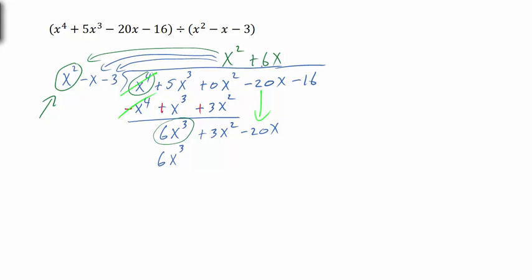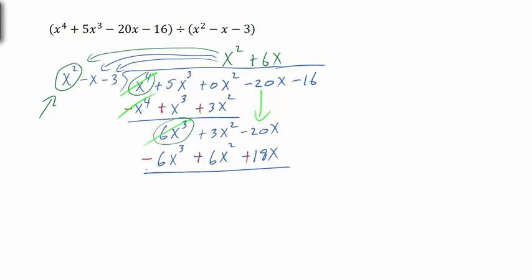And now remember, the 6x is also multiplied by the negative x. So that's going to give us a negative 6x squared. And then 6x times a negative 3 would be a negative 18x. And we're going to change the signs. So we have a negative here, this becomes a positive, and the last one becomes a positive.